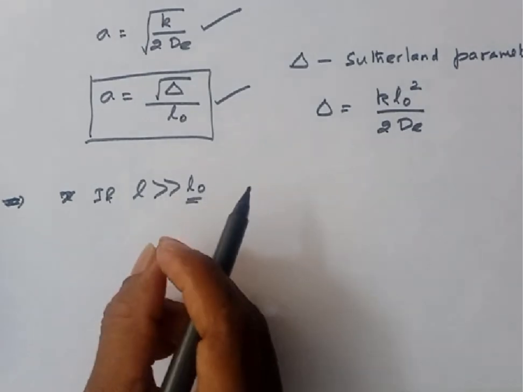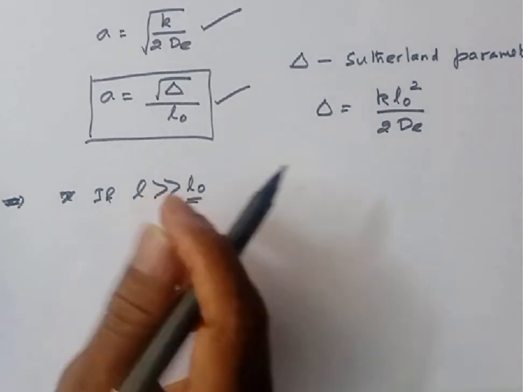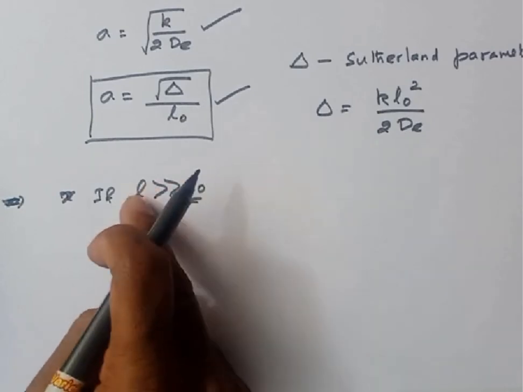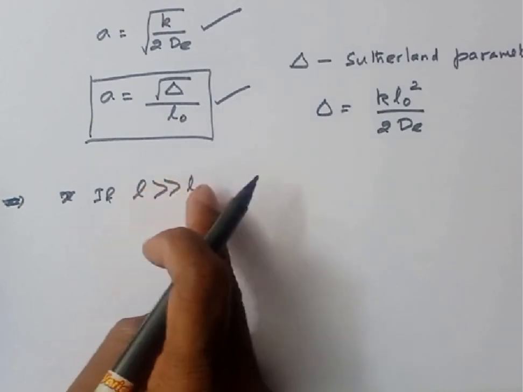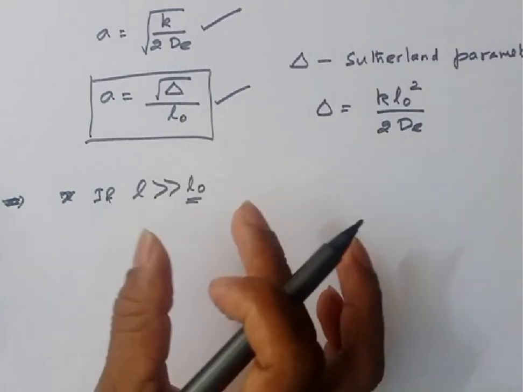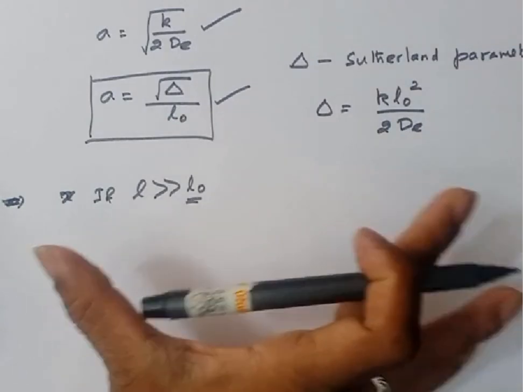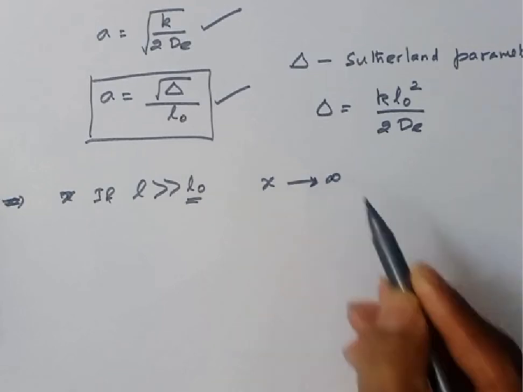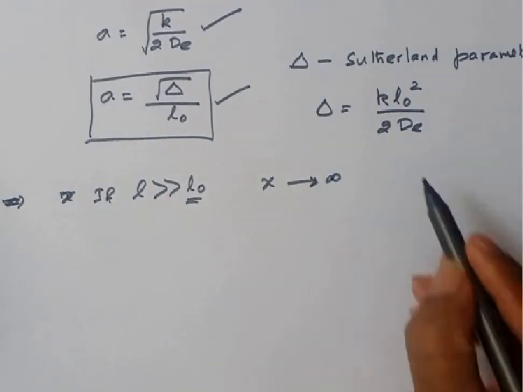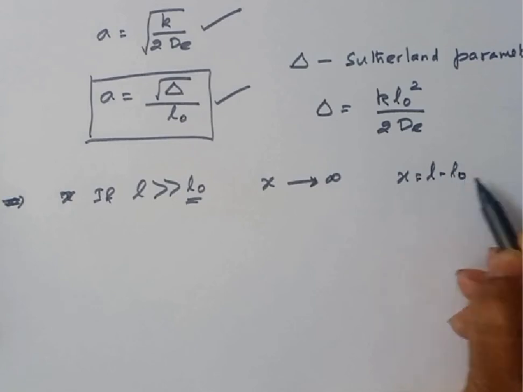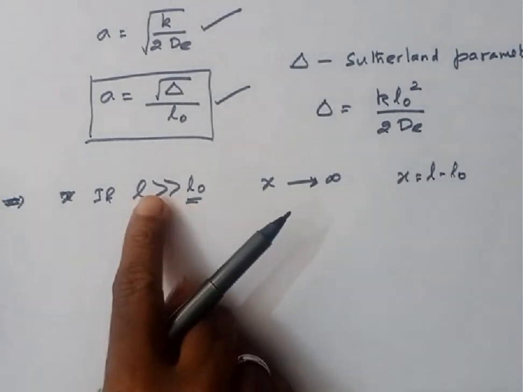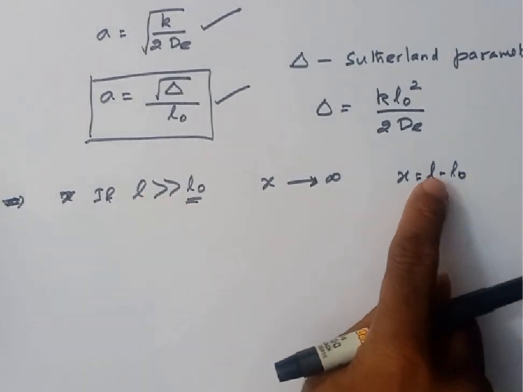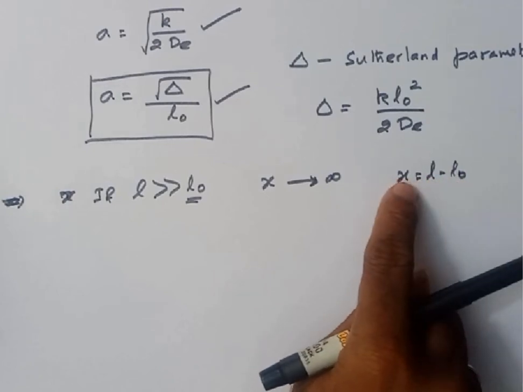L greater than L naught means we are stretching the bond. If you stretch the bond to a very large extent, x will approach infinity, for example, because x is nothing but L minus L naught. If L is very, very large, then L minus L naught will be very, very large.